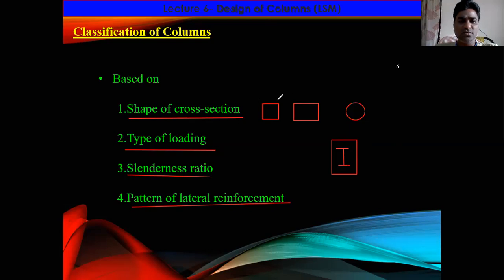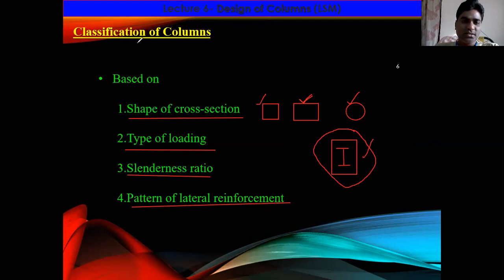Mostly we will prefer rectangles, and in some cases you can go for square sections. If there is any elevation purpose, then go for a circular one. And where you need to carry heavy loads like industrial buildings, you can go for a composite section.